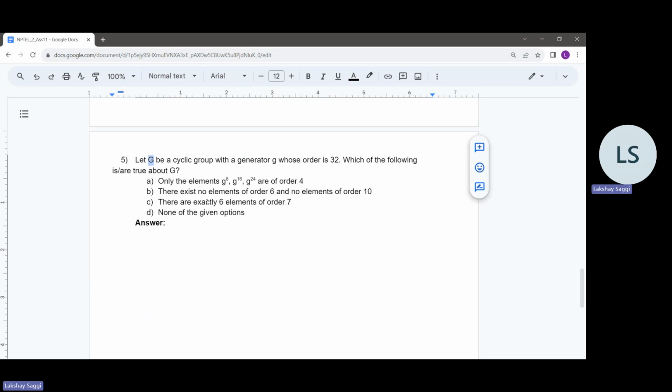So what I essentially mean to say is, here the generator g has order 32. Note that G is a cyclic group and the generator g has order 32.